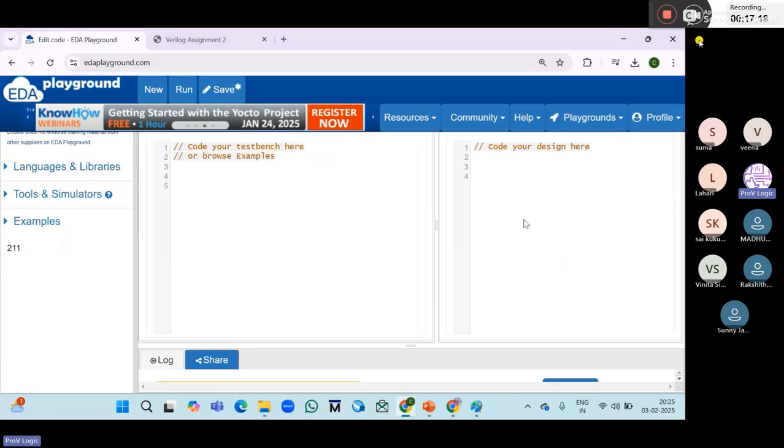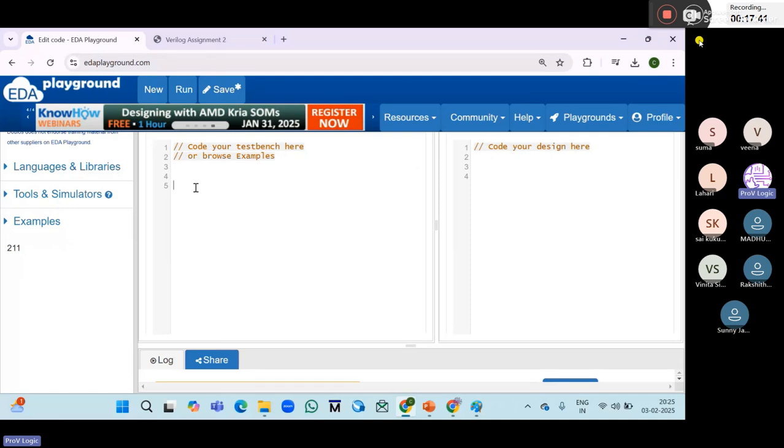I already showed you how to write the clock program. Once again, I will write it and show you how many ways we can write it. I just showed you using an always block only, but not only the always block, we can use forever, repeat, for loop. There are a lot of ways.